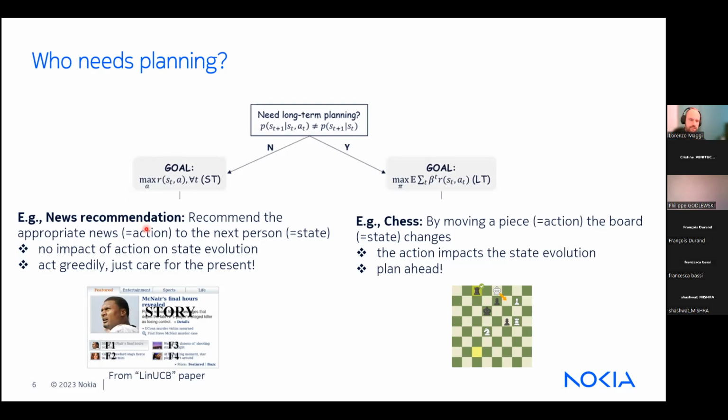Actually, the state is the features that describe the person, that usually are collected by cookies that we don't like that much, but it is what it is. So the action has no impact on the state evolution. The action has no impact on which kind of person we have to recommend to in the next step, right? So what you just want to do is to act greedily. Just recommend the most appropriate news to the current person.